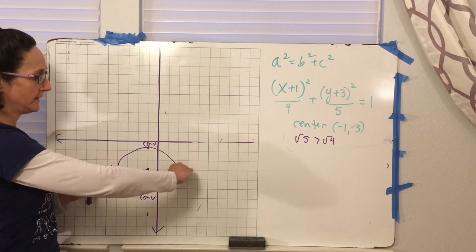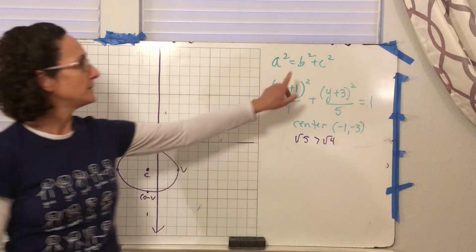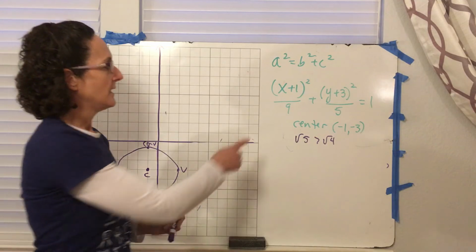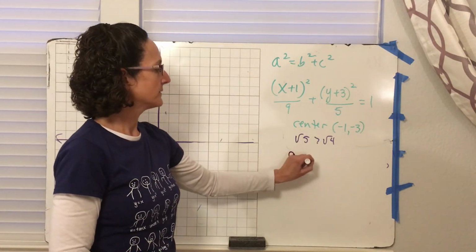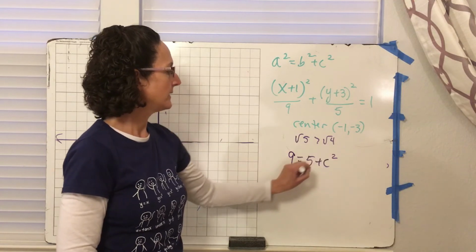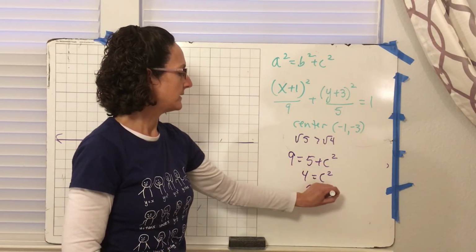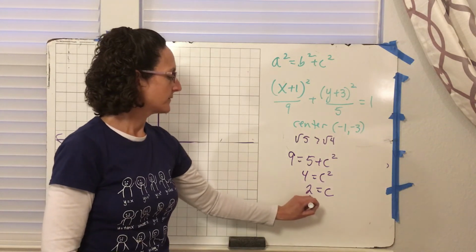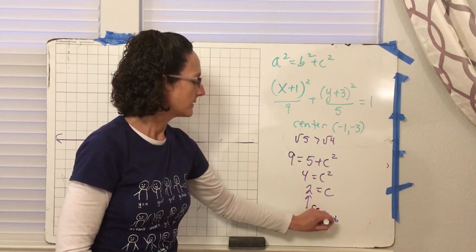So if the vertices run this way, the foci are going to be here. To find them, use this equation. Out of these two numbers, 9 is obviously the biggest one, so 9 equals 5 plus c squared, 4 equals c squared, 2 equals c. That is the distance from the center to the foci.